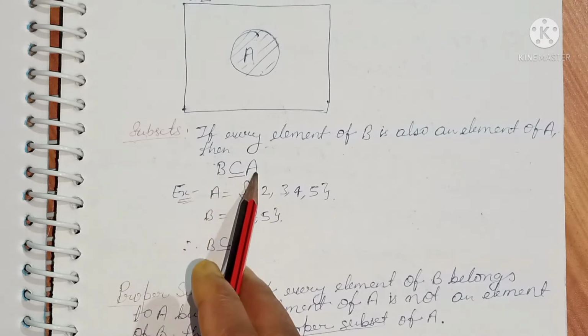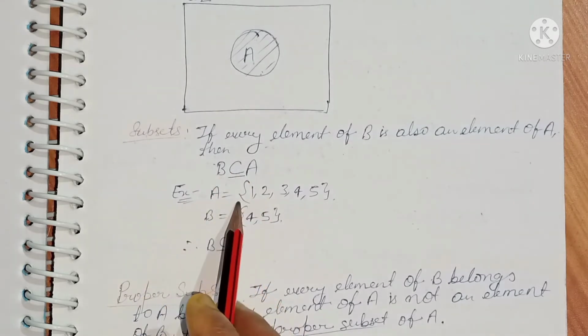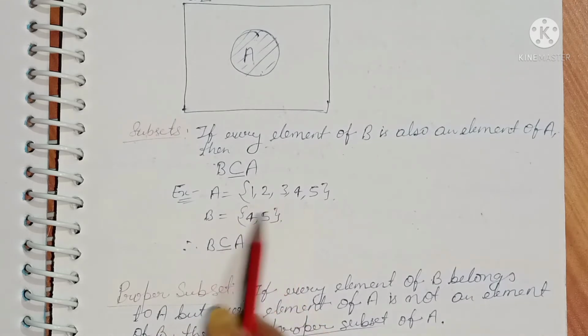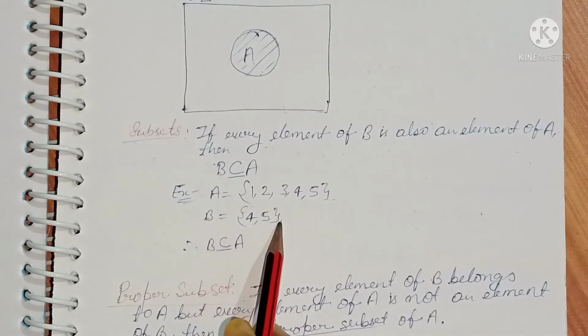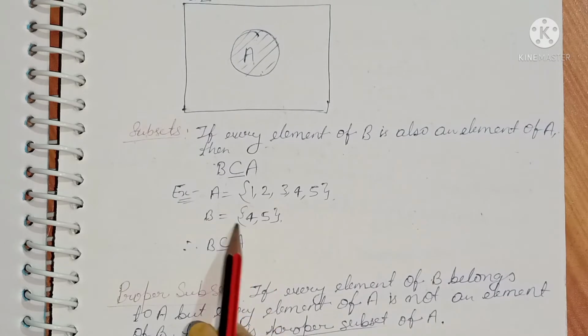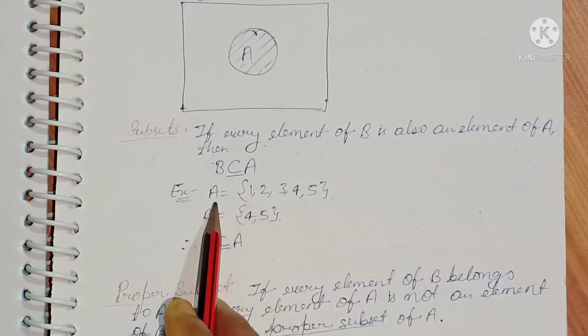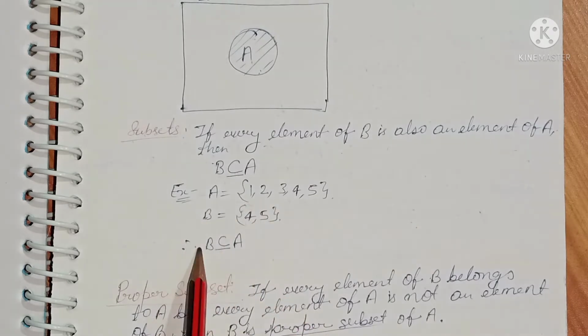So B is a subset of A. For example, A is the set of digits 1 to 5 and B is 4 and 5. Since 4 and 5, which is B, are present in set A, B is a subset of A.